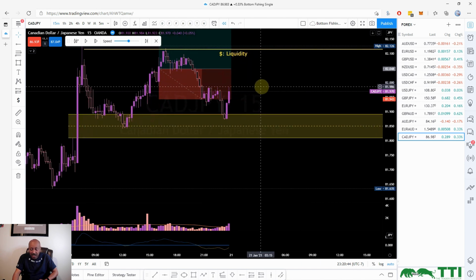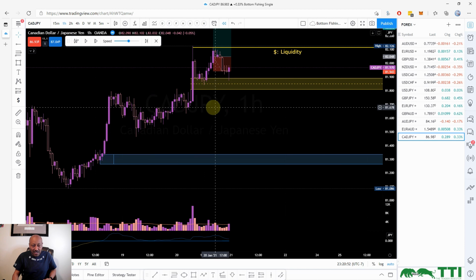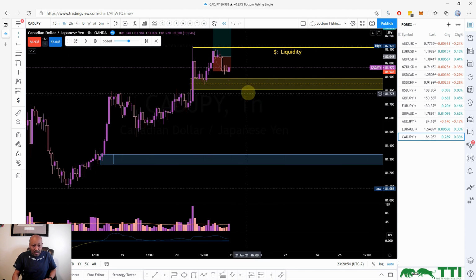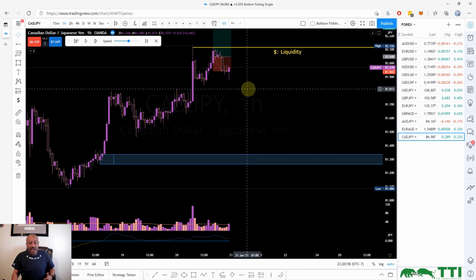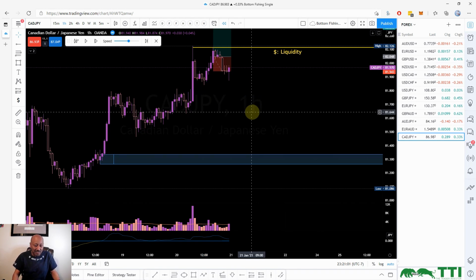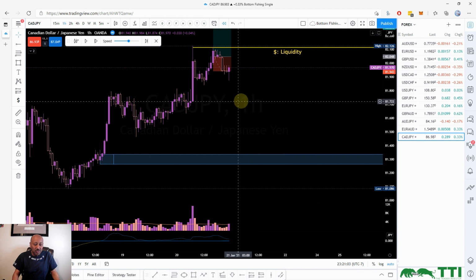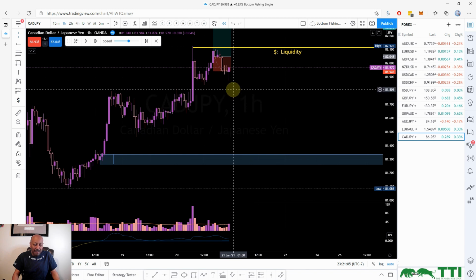In any case, the main purpose of this training is where do we identify order blocks, where do we identify imbalances, and how do we take advantage of these imbalances. I don't want to show you charts that I have looked at earlier that are always working, because trading is not about me being right 100% of the time.